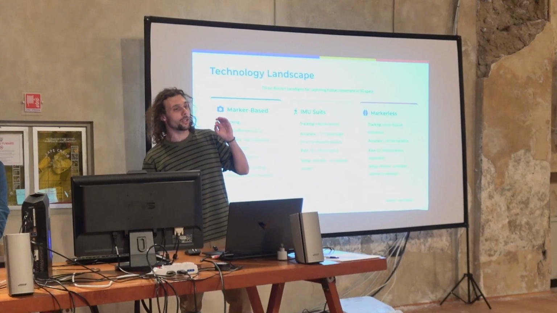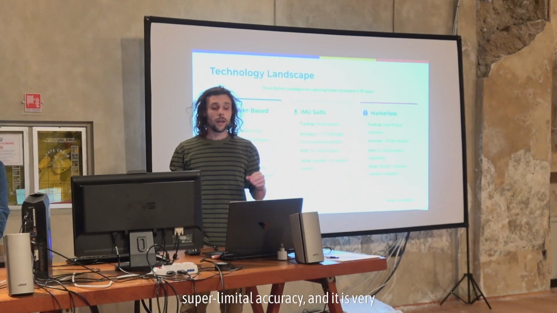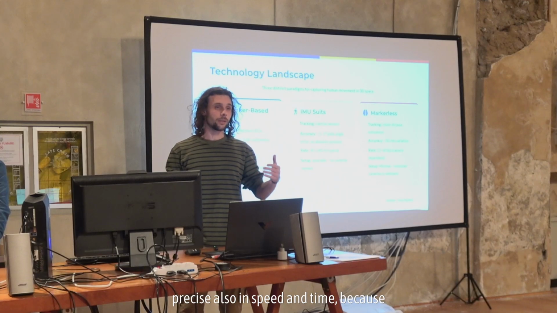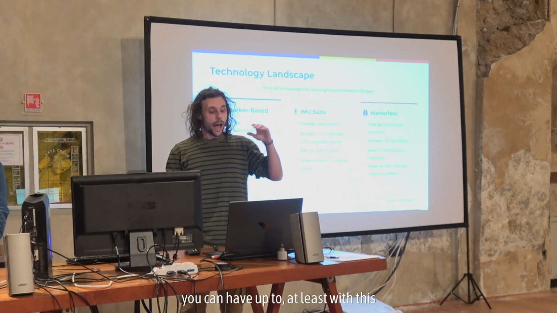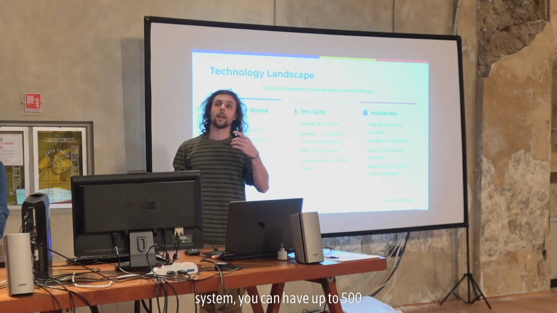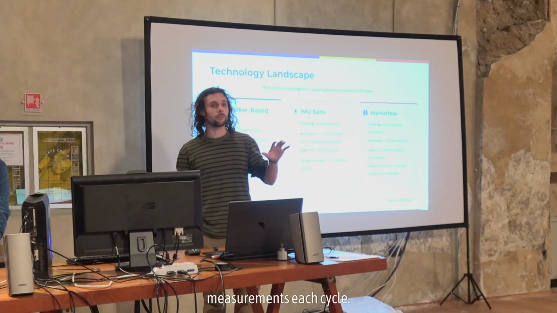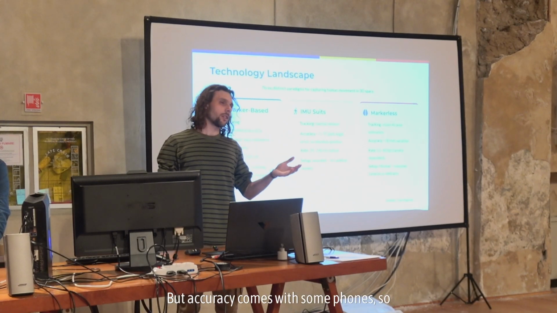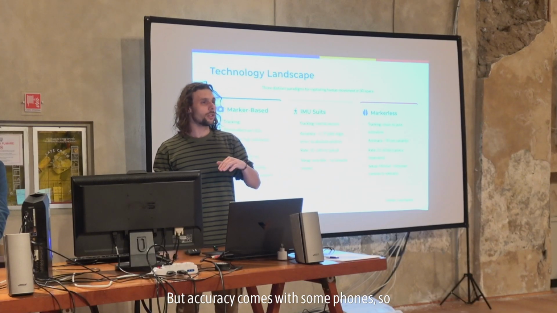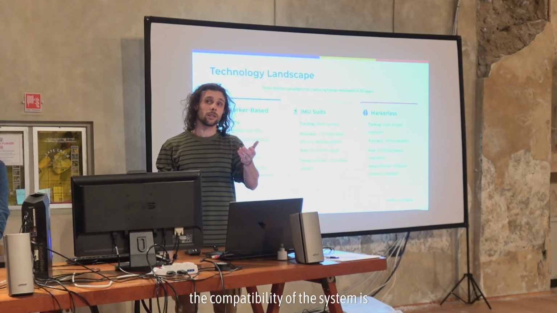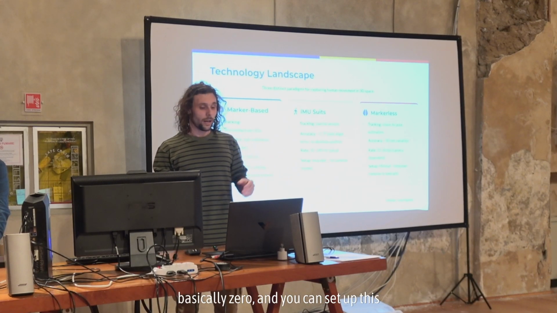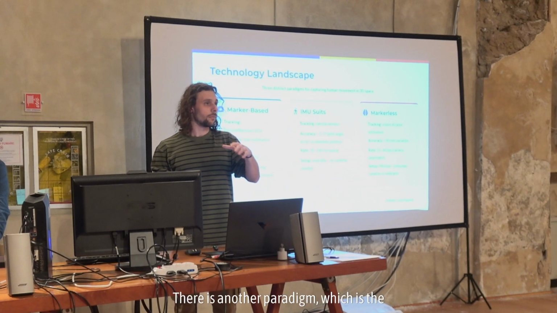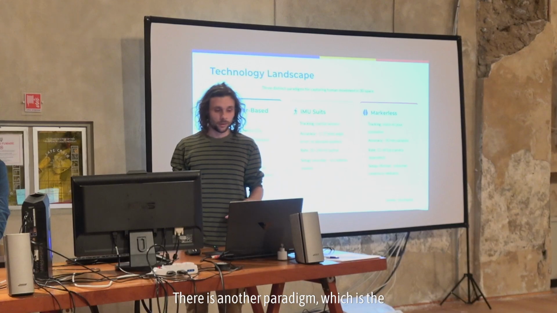It can reach sub-millimeter accuracy, and it is very precise also in speed, in time, because at least with this system, you can have up to 500 measurements each second. But accuracy comes with some cons, so the portability of the system is basically 0, and you can set this up only in a controlled lab environment.